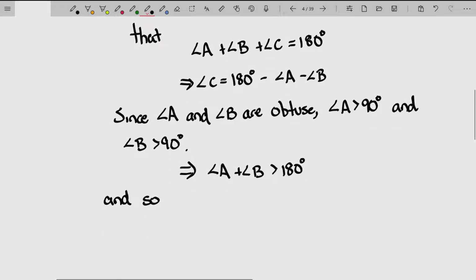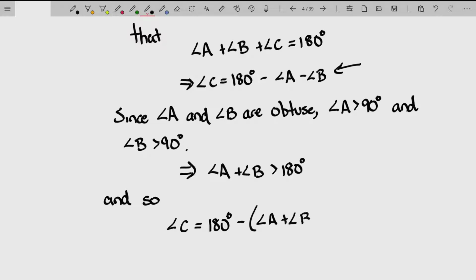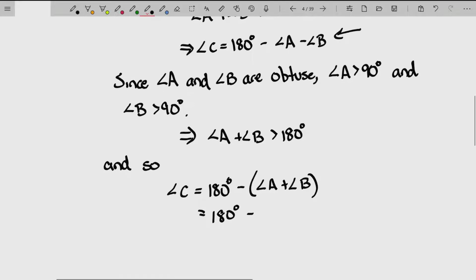And so, angle C, which is 180 degrees minus, and what I'm going to do is just factor out the negative sign, minus the group angle A plus angle B, is going to equal 180 degrees minus some number that's greater than 180. So I'm just going to say n, where n is greater than 180.